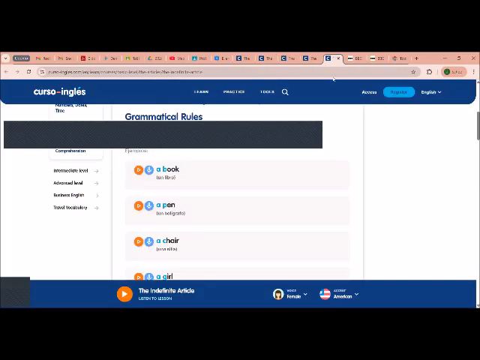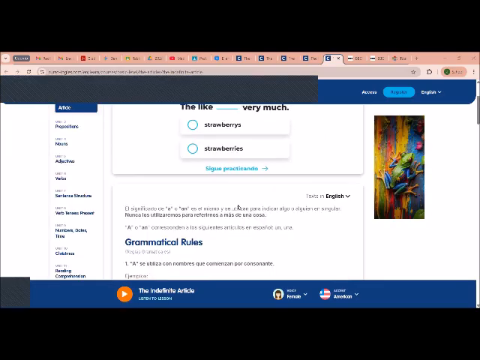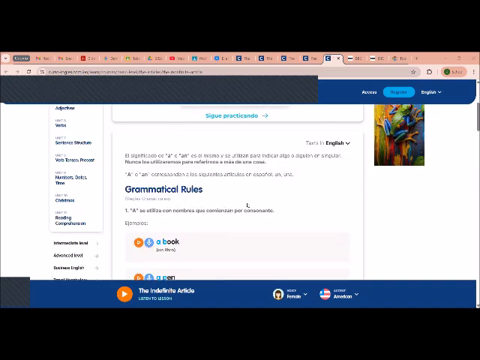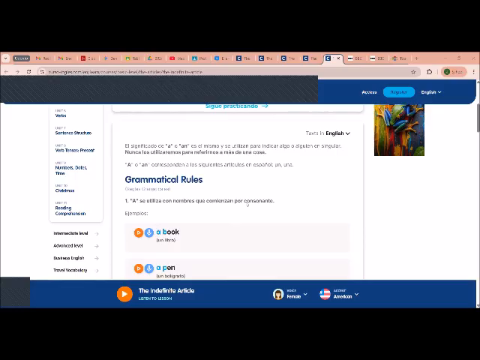Now, as I mentioned, the is used when we're being specific. If we want to just clearly identify something as being similar, one of that item, then we're going to use a or an. Now, a and an work just like our articles in Spanish because that particular rule is very clear.